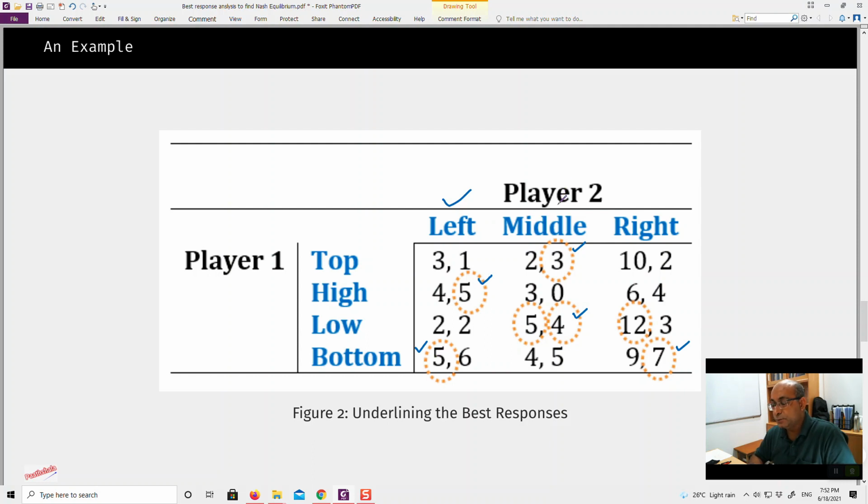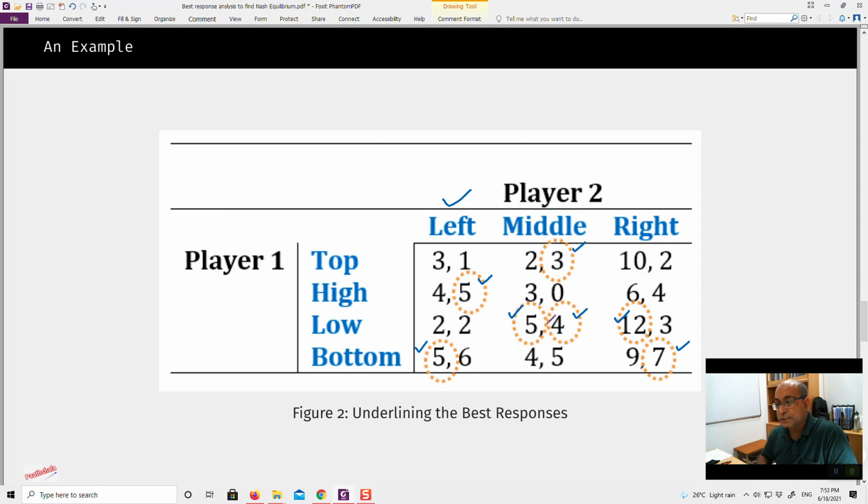Similarly, when player 2 is playing middle, player 1 can do best by playing low. This gives him 5 against all these other numbers. When player 2 is playing right, player 1's best response is again low. He gets best here against all the numbers. And then we see that there is one particular cell in which we have two best responses.